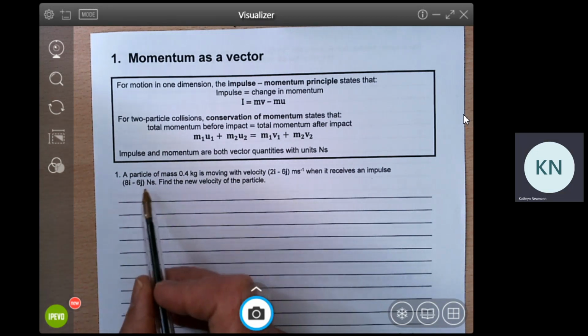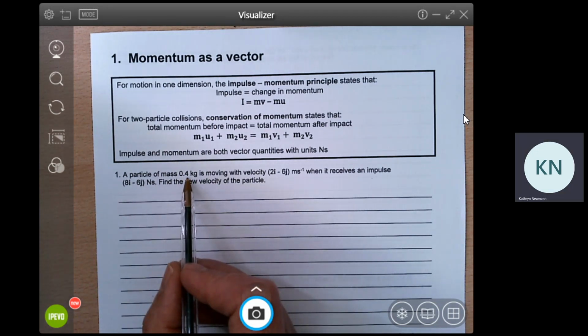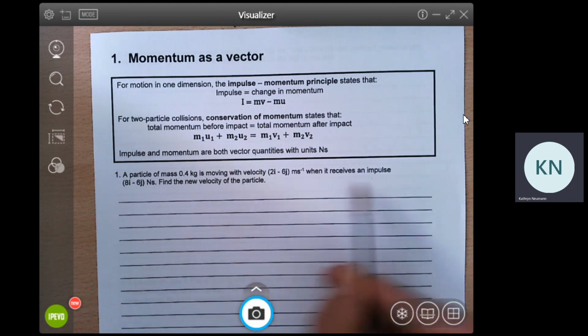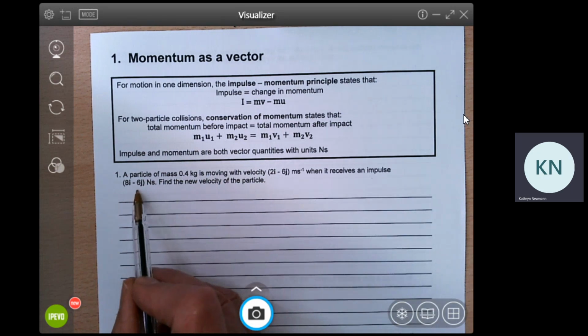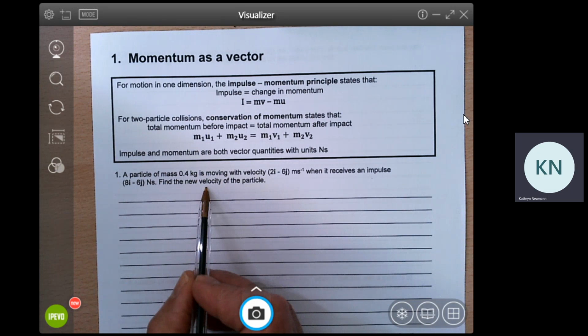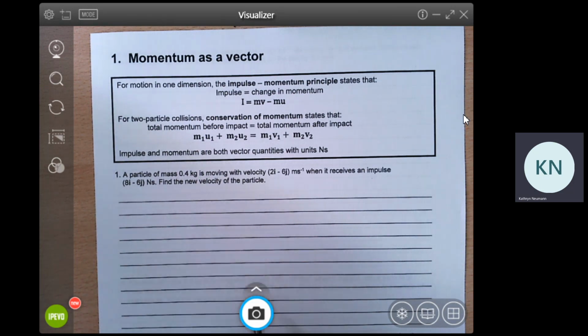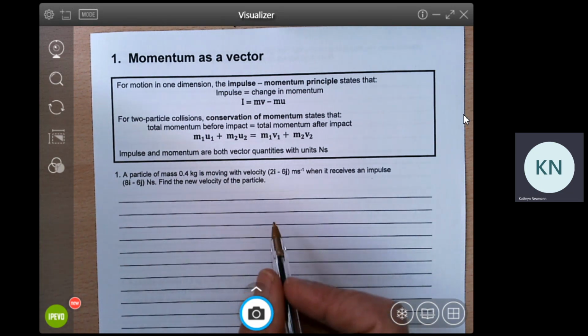So question 1, we've got a particle of 0.4 kilograms moving with that velocity, so that's its initial velocity. It receives an impulse of 8i minus 6j. Find the new velocity. You can either work in i's and j's, or you can work in column vectors. Column vectors are slightly easier to see on the screen.